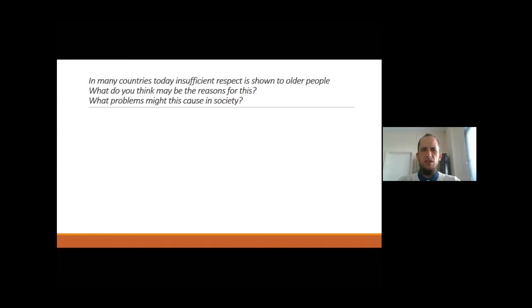So let's have a look at what we're really looking at as the issue in this essay. So what are the key words? Yeah, you've hit it. Insufficient respect, and we're talking about older people. Yeah, and older people. What would that mean? Older people.